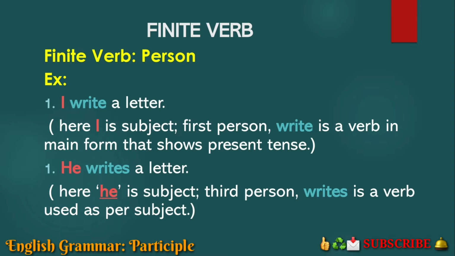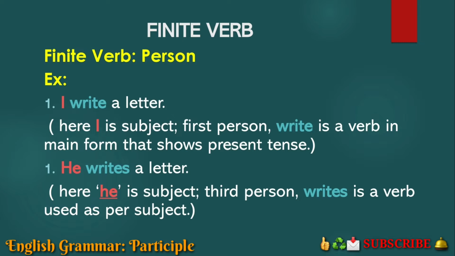Now the second example we will see: He writes a letter. Students, in this sentence, he is the subject and it is in third person. According to third person, writes is used as a verb with s or es form.